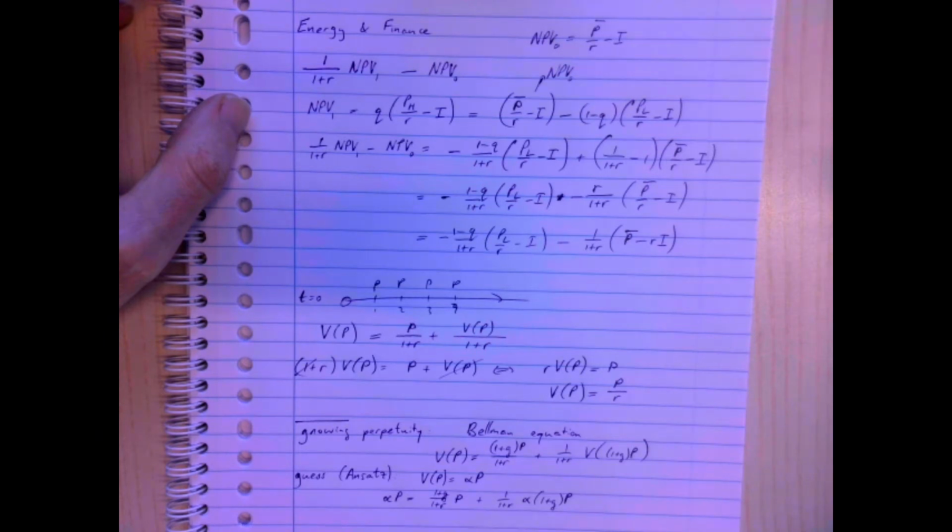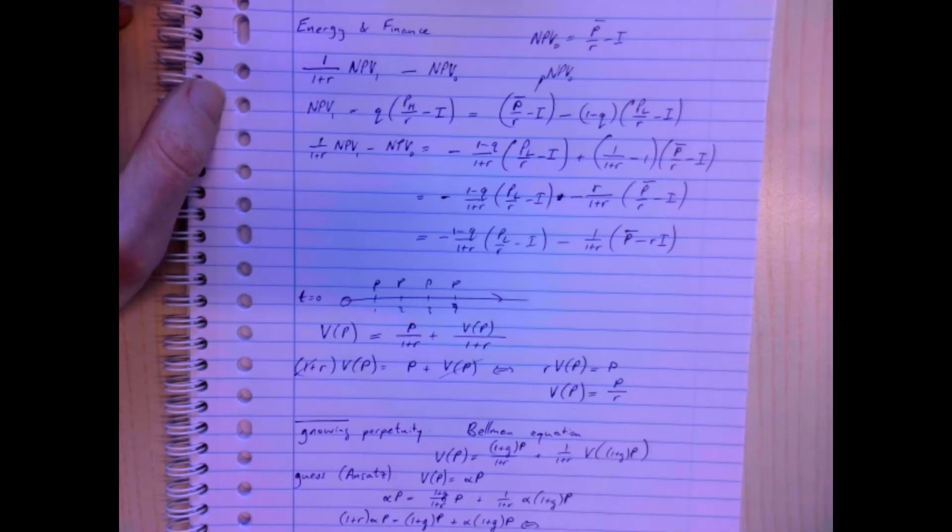Can we solve this? Well, let's see whether we can. Let's again multiply out by 1 plus R. So we get 1 plus R times alpha P equals 1 plus G times P plus alpha times 1 plus G P. So let's collect the terms that have an alpha, because that's the unknown that we want to determine.